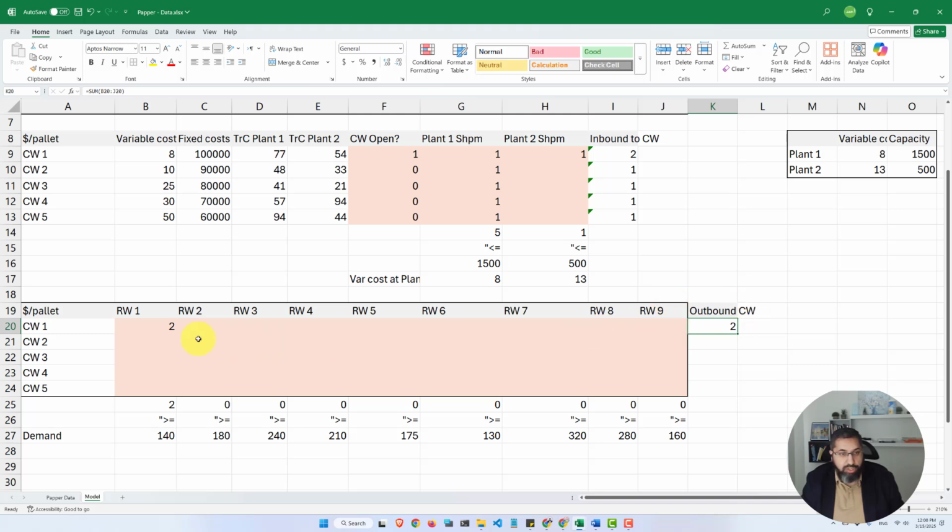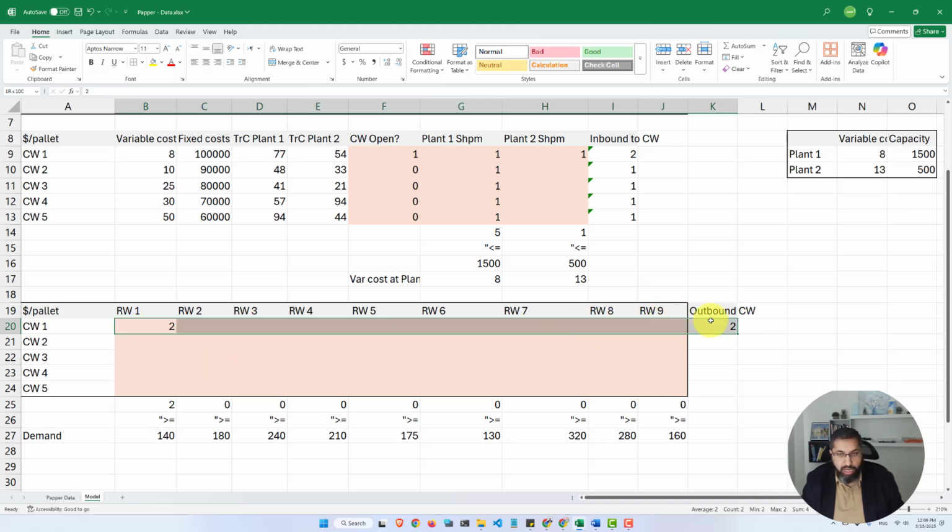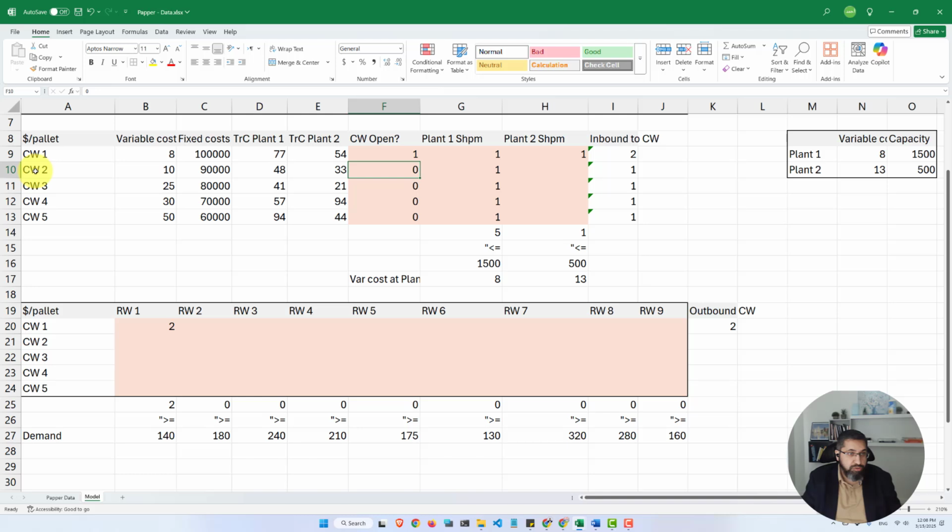we do not ship anything from a central warehouse if it is not being used, if it's a 0. So if this is a 0, so central warehouse 2 is not being used, right? This binary variable is a 0, then all of these should be zeros. I can't put like 5 here because central warehouse 2 cannot ship out 5 if it's not open.